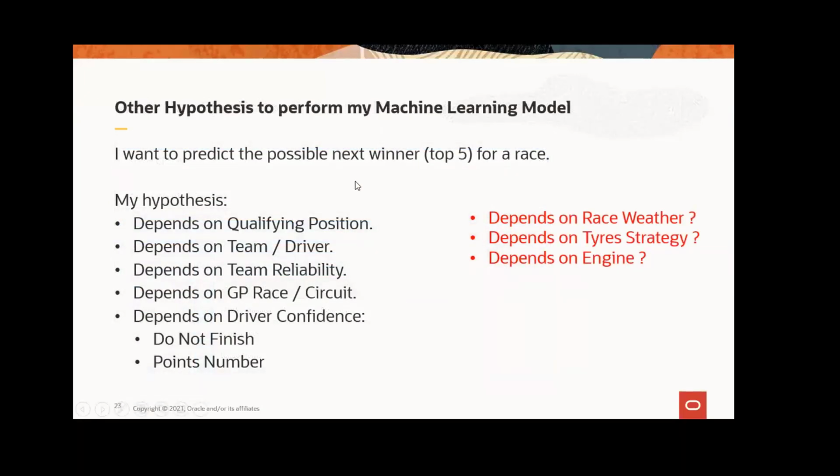So when you actually create a model, you want to have a hypothesis of what you want to predict. So I mentioned we're going to predict the top 5 winners, or the results for the top 5 of a race. But I'm going to go in here with a certain hypothesis of what features are important in actually predicting that.